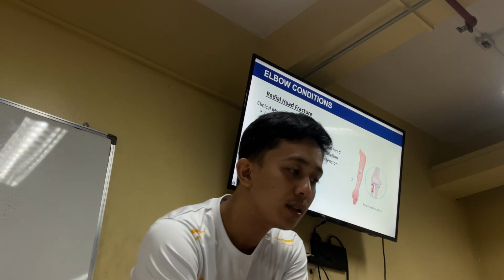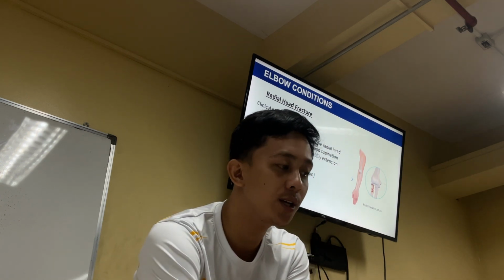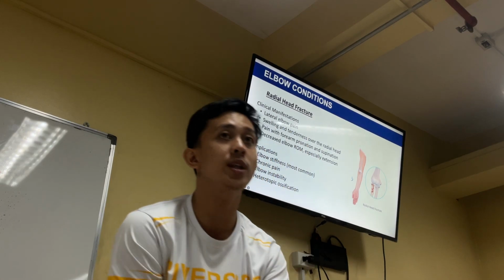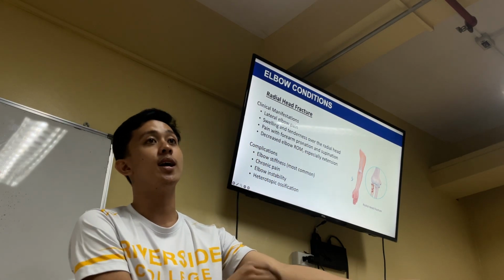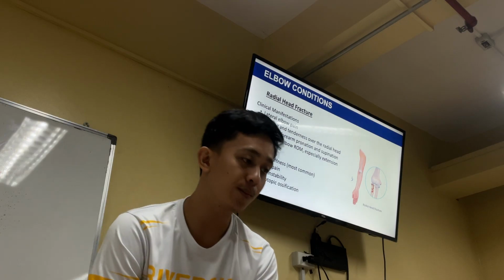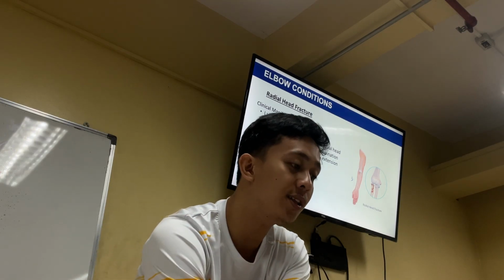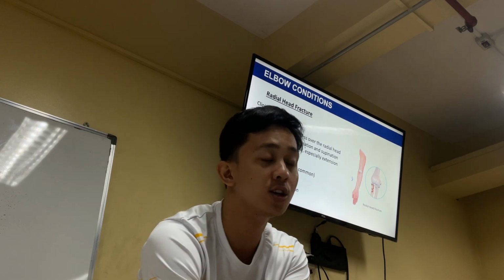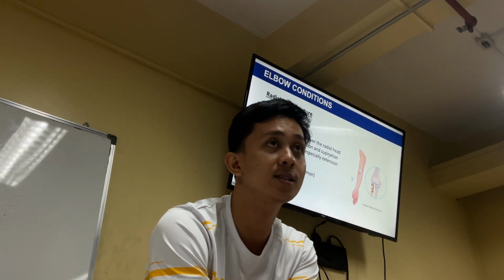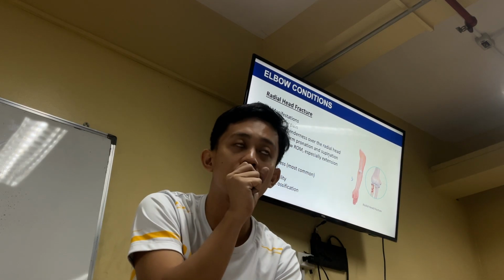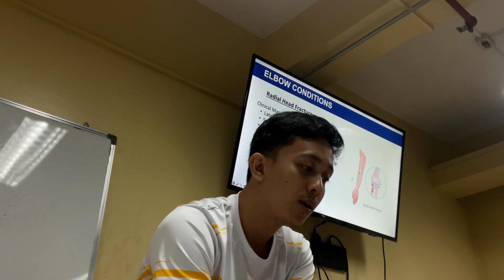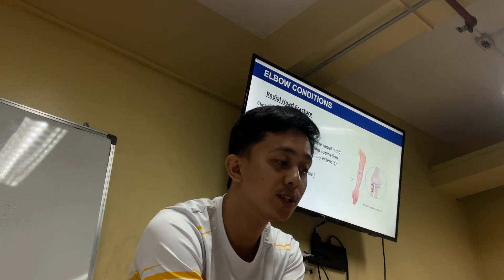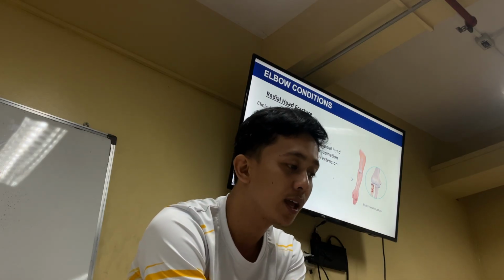With your radial head fracture, the clinical manifestation is lateral elbow pain, knowing that the radial head is located on the lateral side of your elbow. There will be swelling and tenderness over the radial head, pain with forearm pronation and supination, knowing that the radial head is the one that initiates pronation and supination, and decreased elbow range of motion, especially extension.